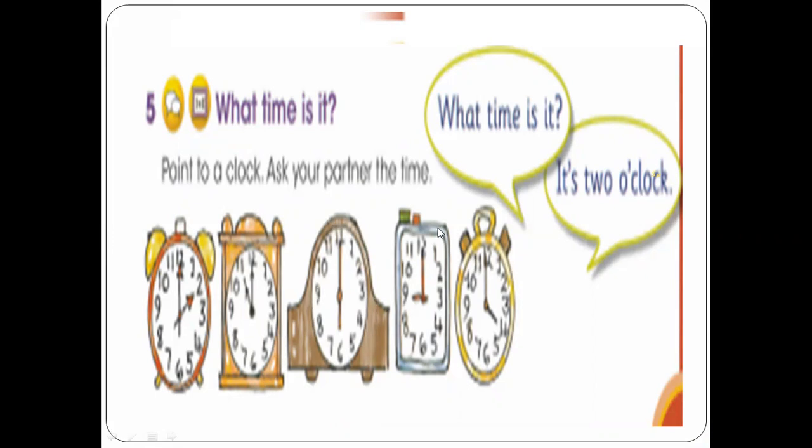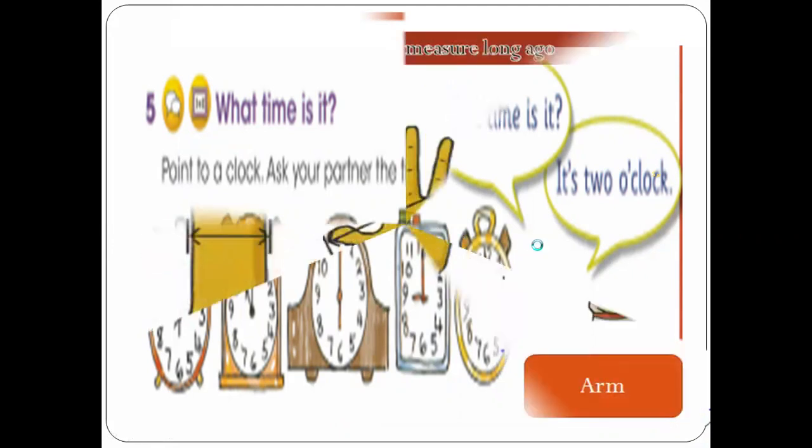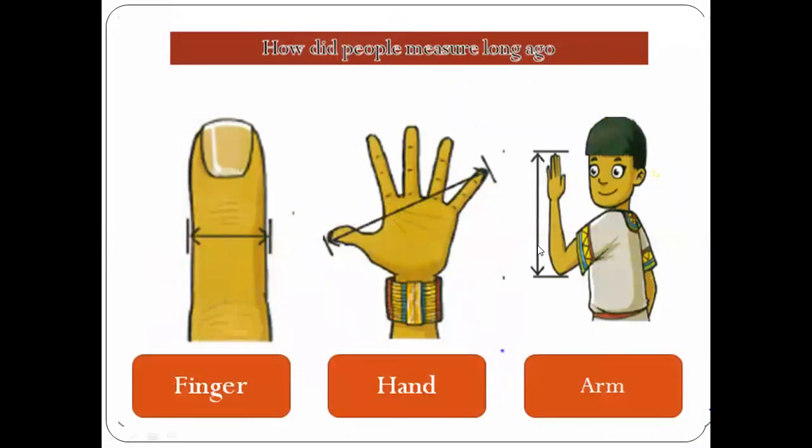What time is it? It's 9 o'clock. What time is it? It's 4 o'clock. After that, we have understood how people used to measure long ago with the help of their finger, hand, and arm. They learned how to measure different things.